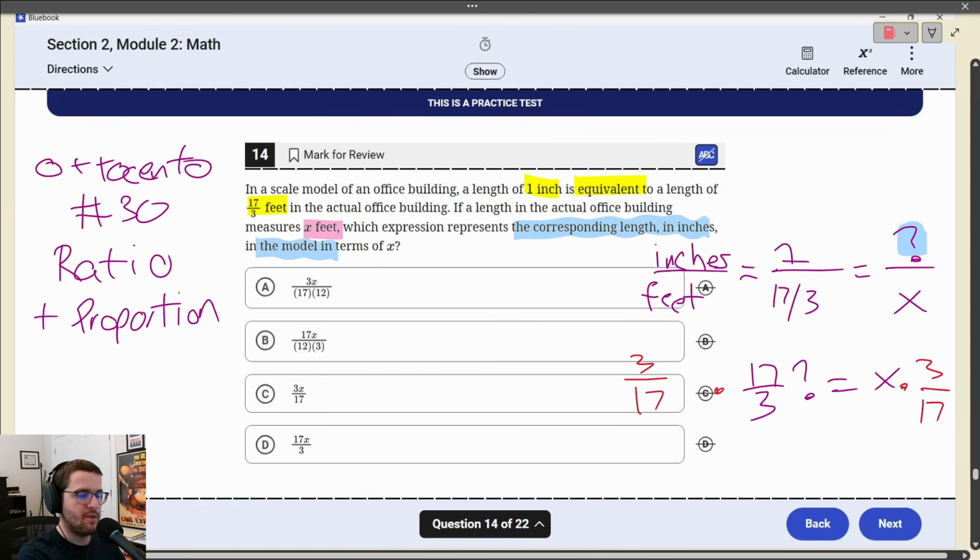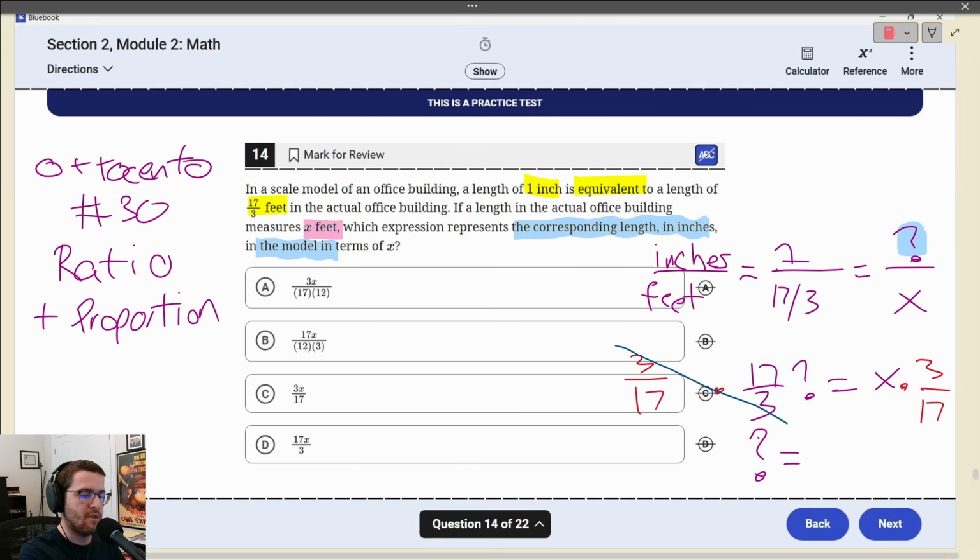And 3/17 times 17/3 is just 1, so it goes away. And we get 3/17 times x. A nicer way to write that, which more closely resembles the question, is like x over 1. So you could write it as 3x over 17.